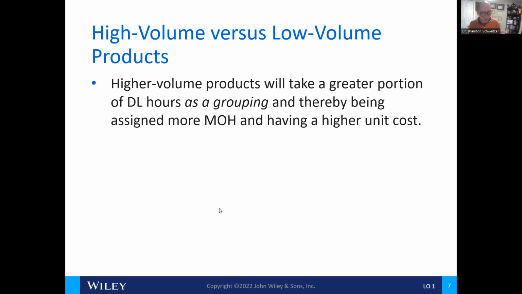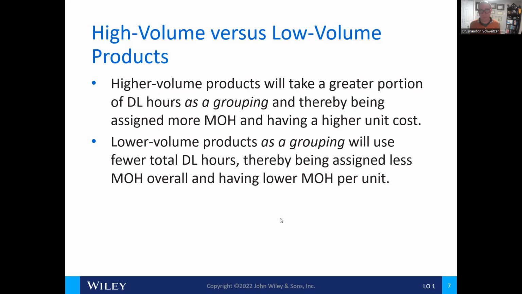It's important to consider the volume of production for products because some products will take a greater portion of direct labor hours than others. Lower volume products we consider to be more of a group because they will use fewer direct labor hours and thereby be assigned a lower manufacturing overhead cost on a per unit basis.